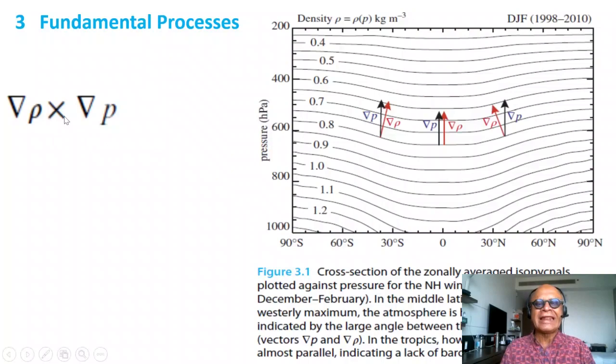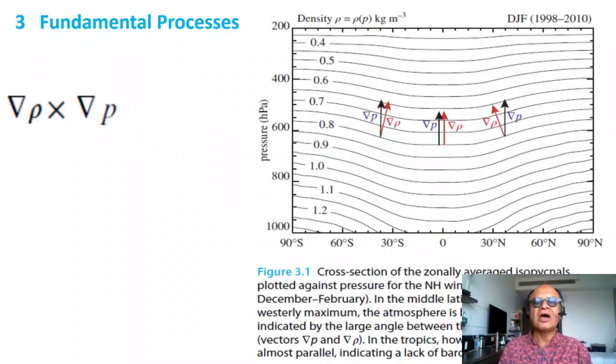Then you get a baroclinic atmosphere as in the mid-latitudes, which essentially allows non-divergent flows, communication between the lower and upper levels, storage of potential energy, and various processes by which potential energy can be converted into kinetic energy.